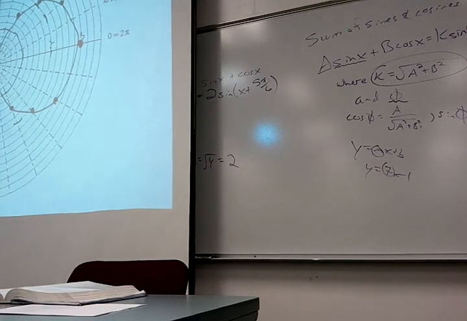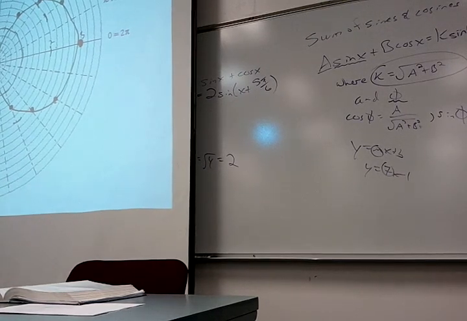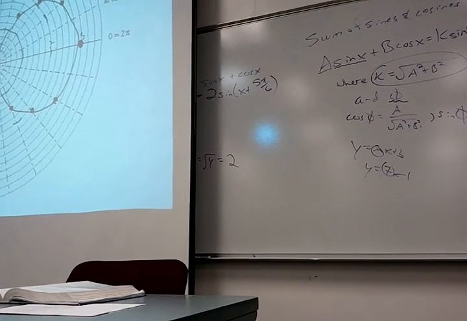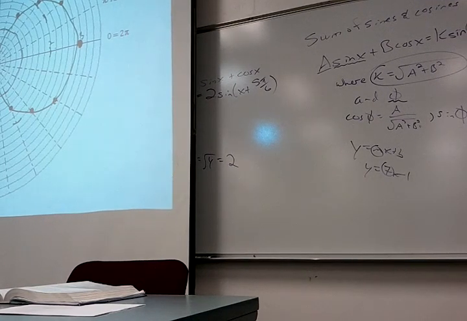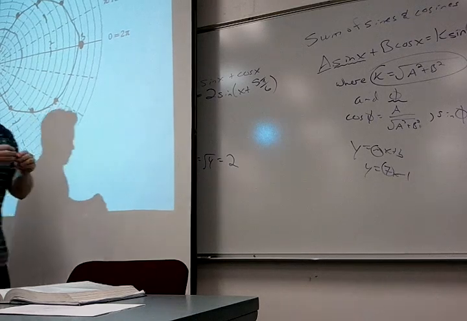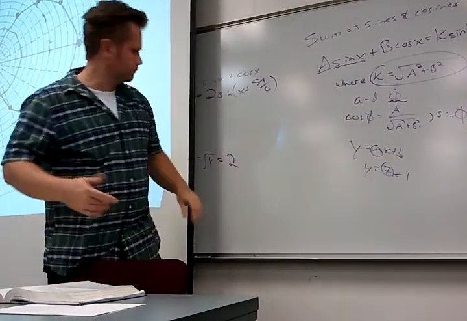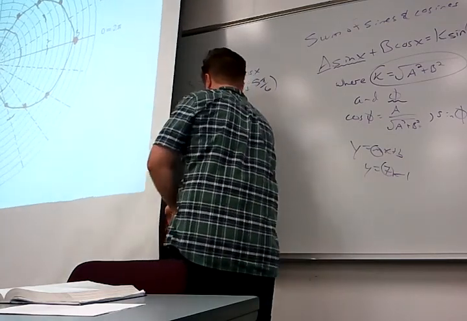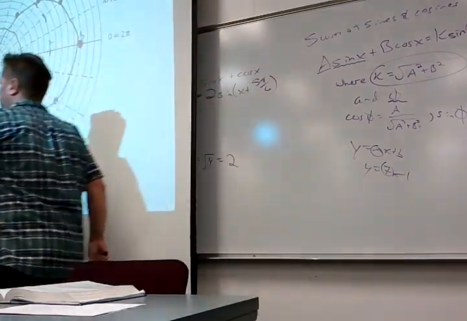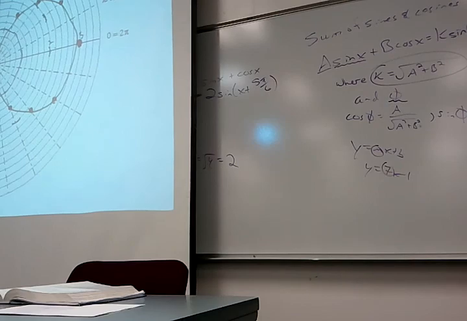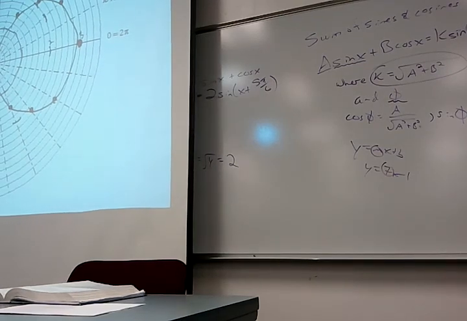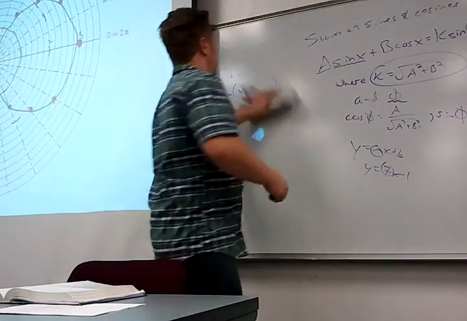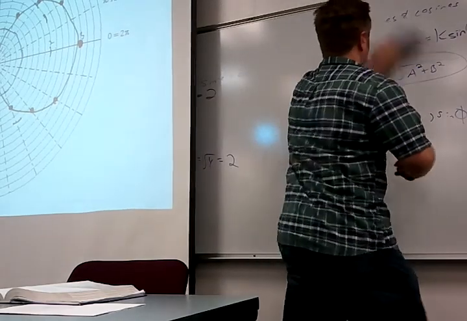Okay, that was a relatively simple equation. But that circle, what would the equation of that circle be in rectangular coordinates? What's the equation of a circle in rectangular? x squared plus y squared?